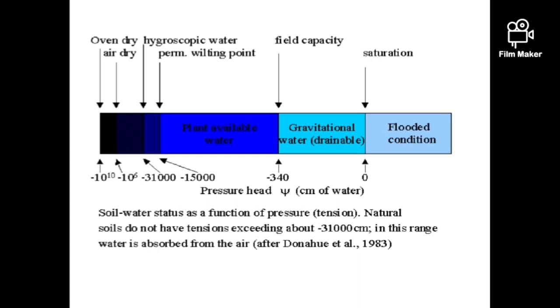At the field capacity, we have to apply around minus 340 cm suction to remove the bonded water molecules from the system. Next, at the wilting point, we have to apply around minus 15,000 cm suction to remove water molecules because at this stage, water molecules are tightly bonded to the soil particles.